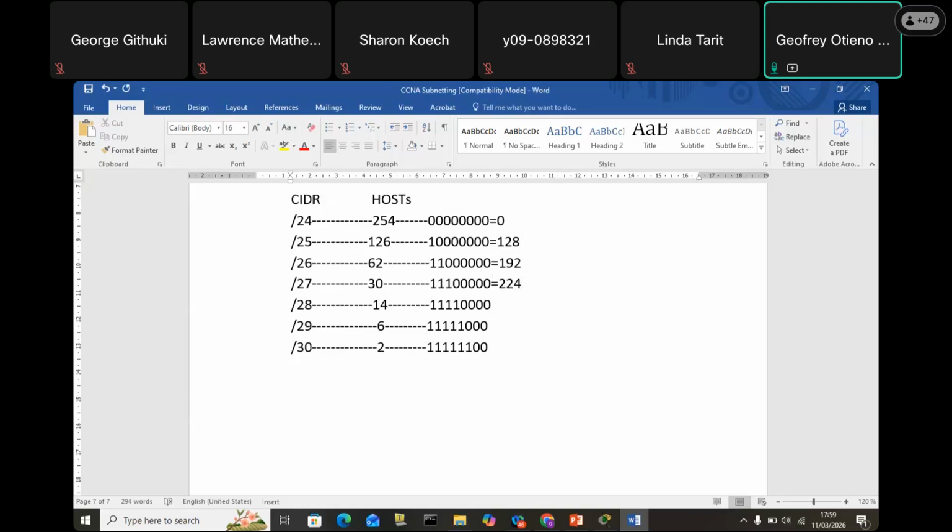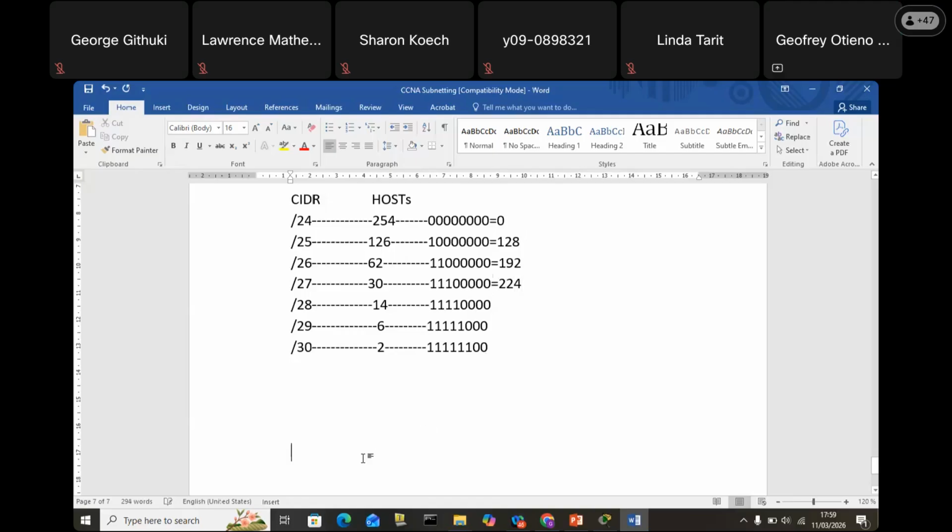Now, maybe some people are wondering, how do you get all this? Remember, when changing binary to decimal, we raise the number 2 to a power: 2 raised to 0, 2 raised to 1, 2 raised to 2, up to 2 raised to 7.